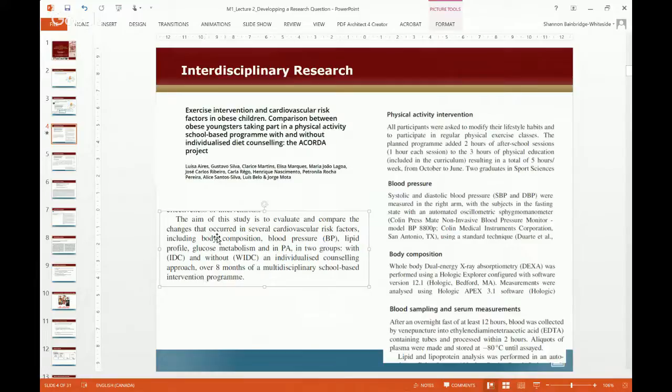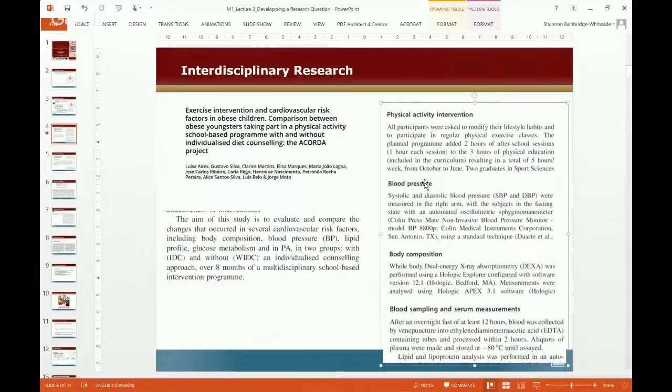There are going to be some clinicians and some biomedical scientists involved in doing these different cardiovascular risk profiling. And then certainly we have to put all of this together and do statistical analyses on these, which may be done by these different individuals, or maybe we have somebody else on board who has an expertise in statistical analysis.